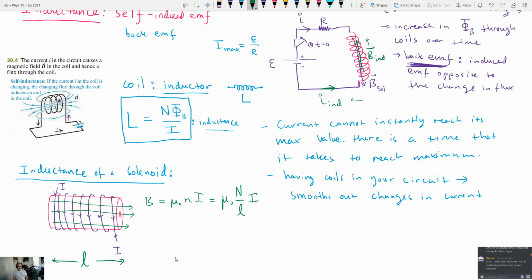All right, so what's the inductance? Well, the inductance is equal to the number of turns times the magnetic flux. Magnetic flux is just going to be the magnetic field times the area, so N B A divided by I. And then we do basically N times the magnetic field, which is this.